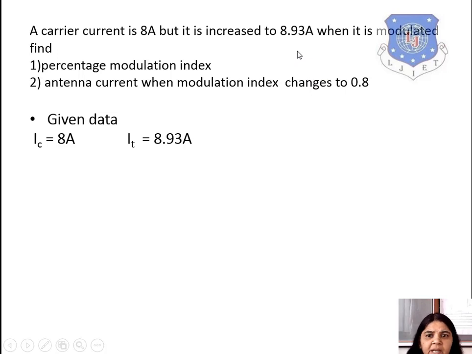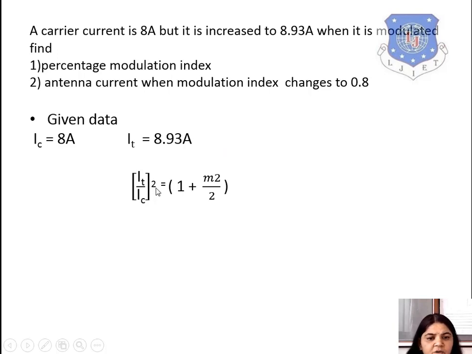So you have to keep in mind that when the word modulated is written in the example, that means the modulation has occurred, and you know that after the modulation the signal is known as the modulated signal. So my IT value is equal to 8.93 ampere. Which relationship can I use?